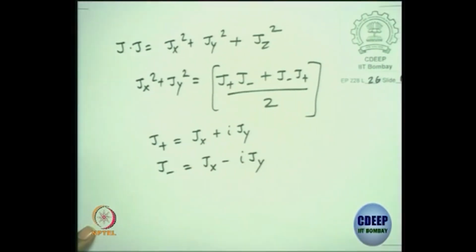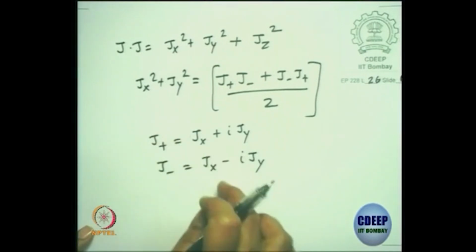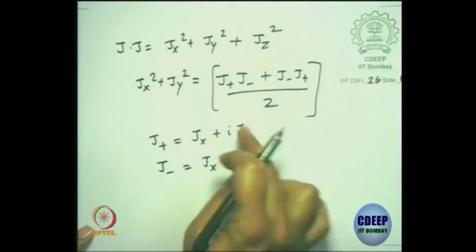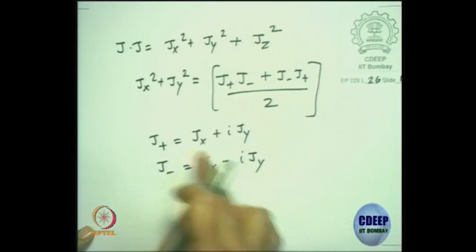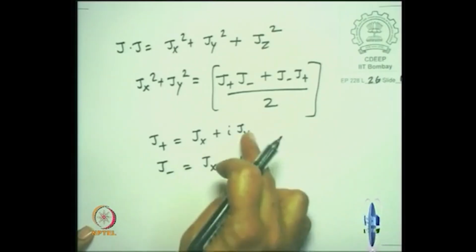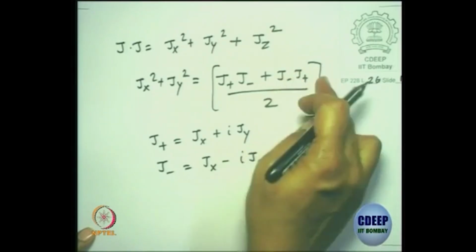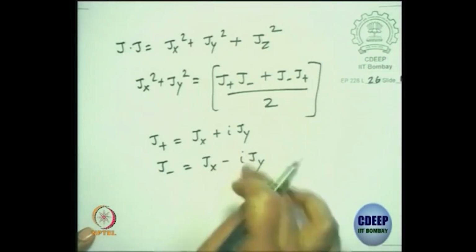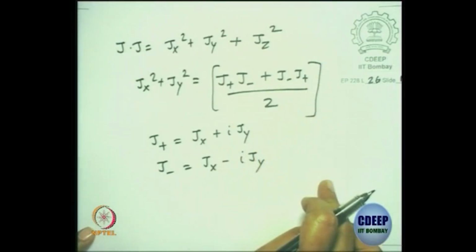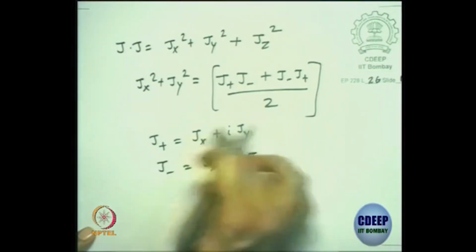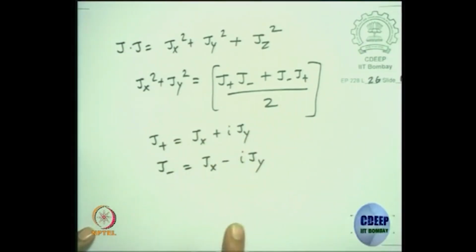Is that right? If you take the product of these two, it is Jx squared plus Jy squared, but you also have the cross terms Jy Jx and Jx Jy, which don't commute. So you need to take the other combination so that the cross term cancels. Classically, you could have just written it as a product.